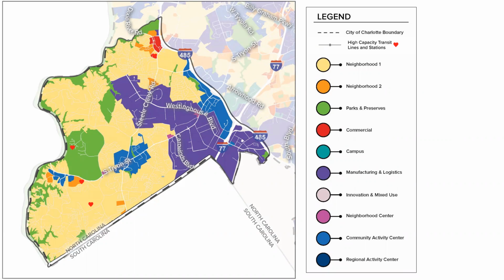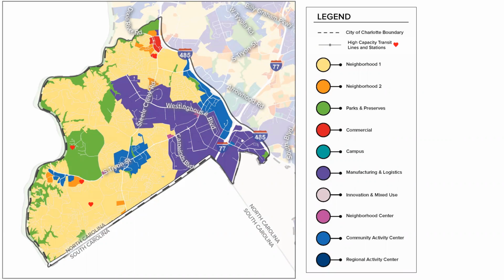Is it correct that developers can request townhouses or similar development in neighborhood 1 and say it is consistent with the place type that is recommended for that area?